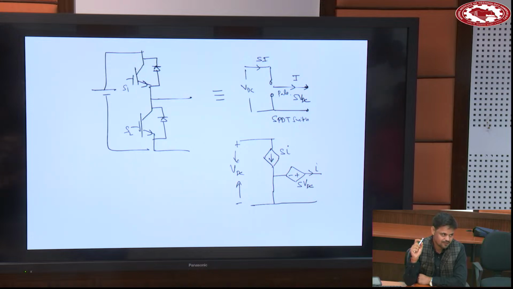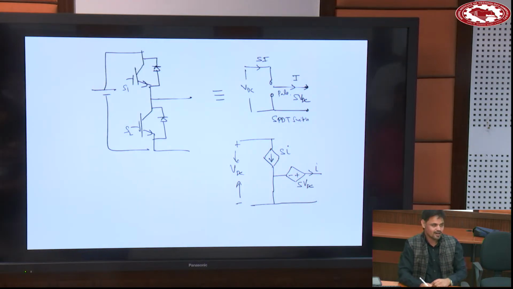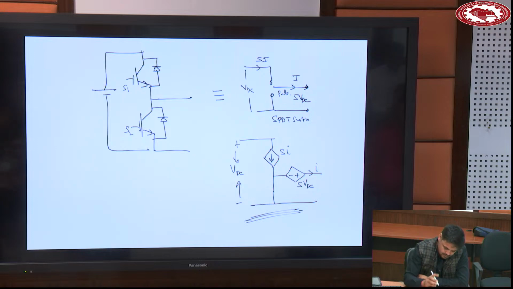Suppose a 3-phase inverter is there, then three cells will be there. And I will use this model only for subsequent simulations. This is an average model. It can act as an average model also, and it can act as a switch model also. It depends on which signal you are providing. So remember, the structure will be same. If you are using S, it is the switch model.